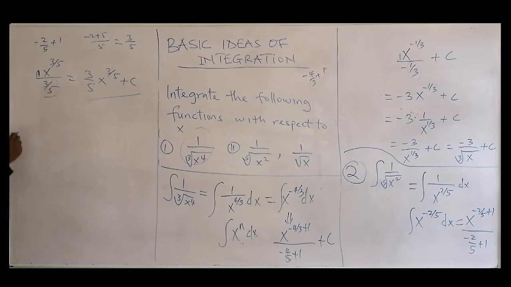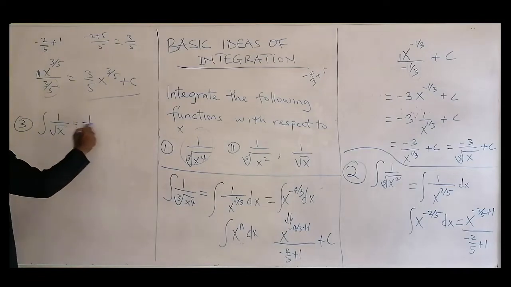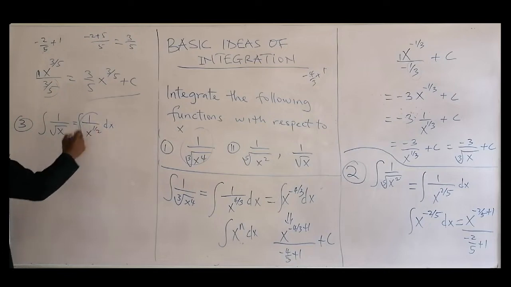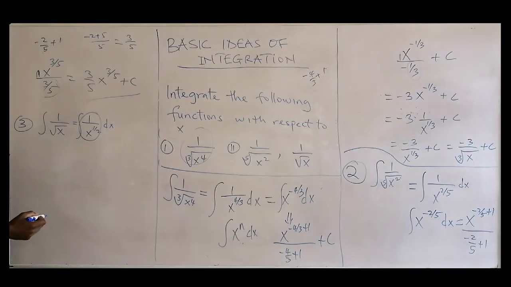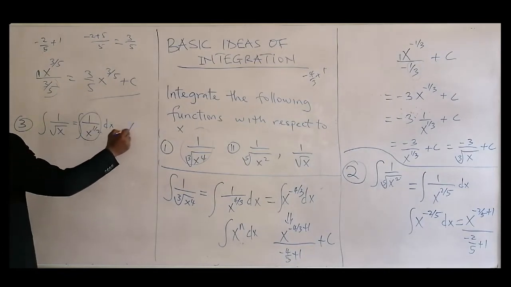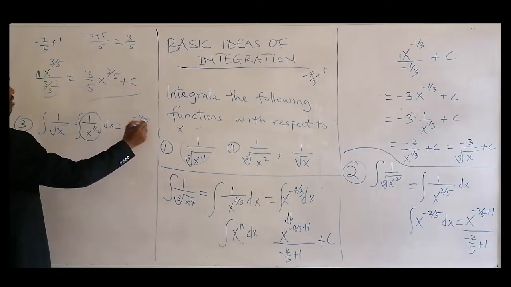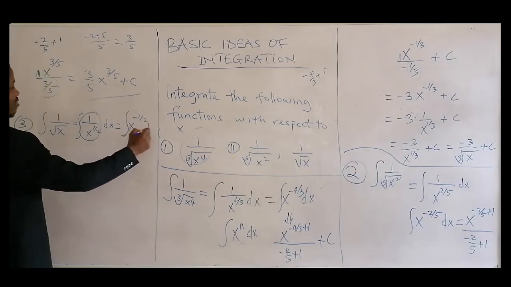The third one, number 3, you have integral of 1 over the square root of x, which will be equal to 1 over x to the half, dx. Then turn this one to the standard form in the formula, which will be equal to x to the minus half, dx.